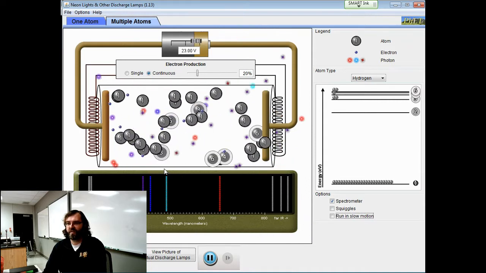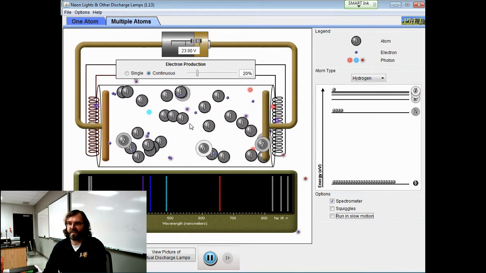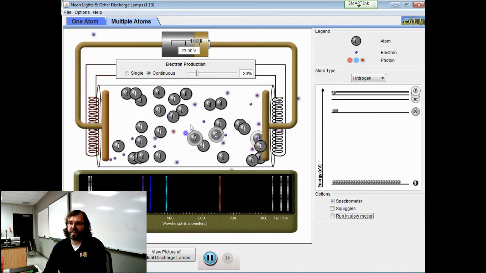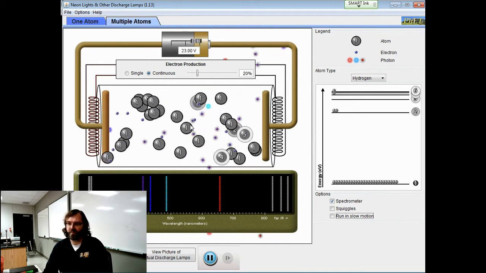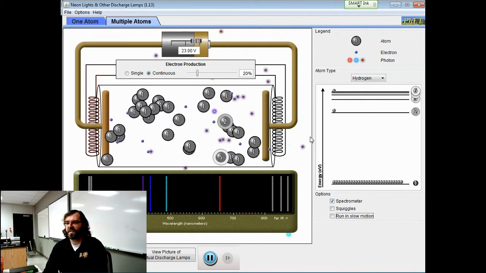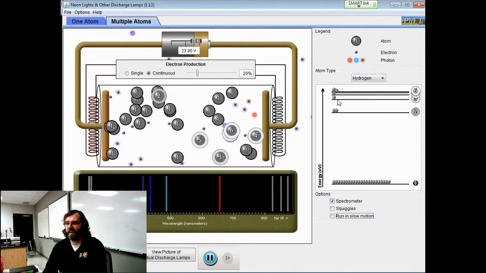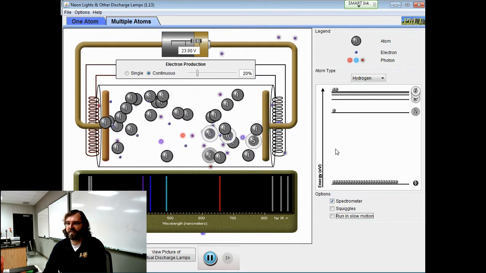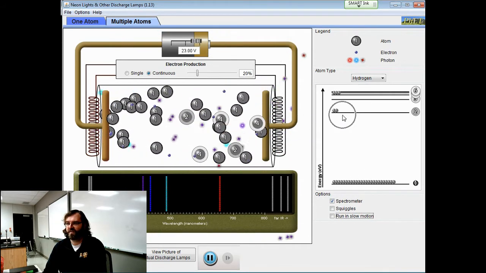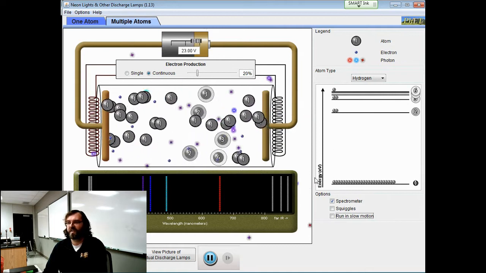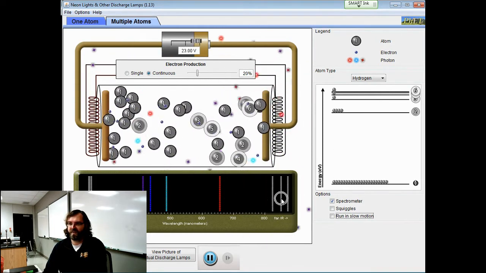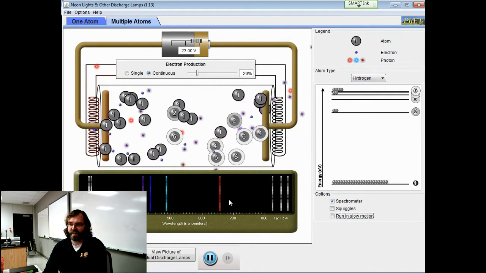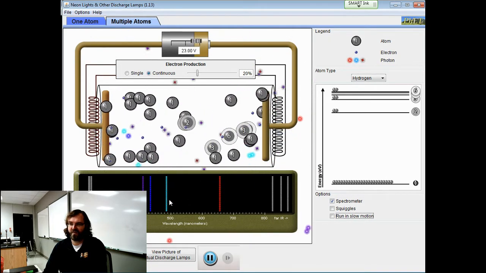Here we have lots of hydrogen atoms inside this tube, and they're all getting some electricity, some energy from the battery. It's increasing their energy to an excited state, and then they're falling back down to different energy levels. They're electron dropping. We collect that information using a spectrophotometer. We can see the different transitions, the different wavelengths that the light waves are given off.